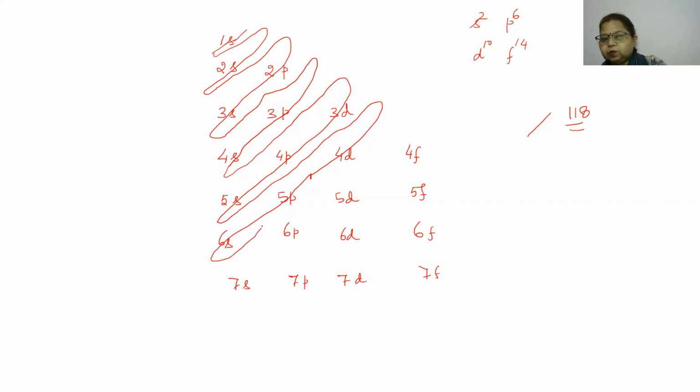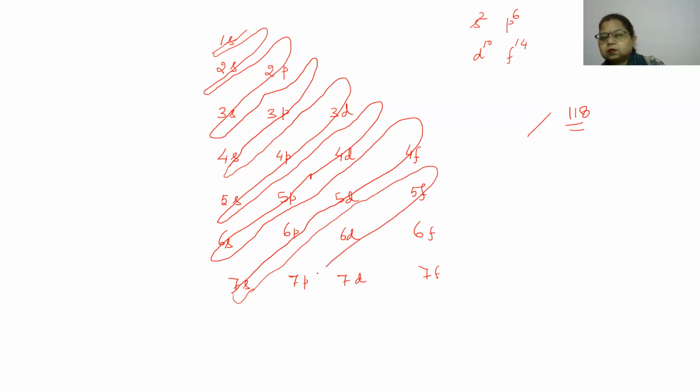From 6s, it will move upward and will not cut any orbital. Moving down, it will cut all these, right? Then going upwards, it will not cut anyone. This is how you have to draw it, right?